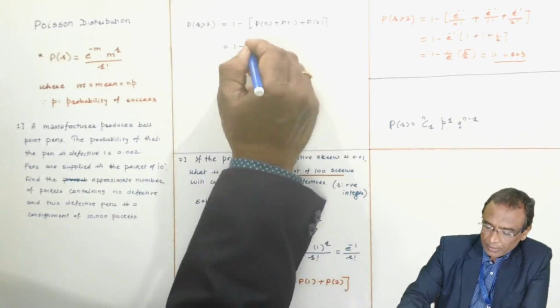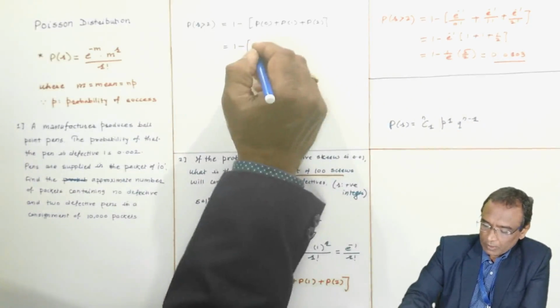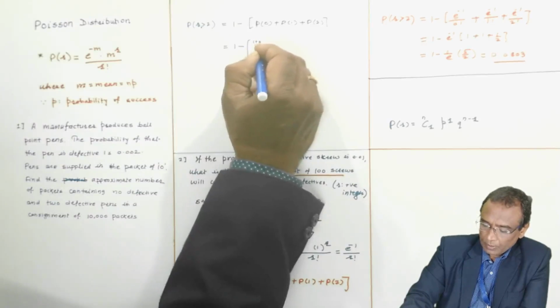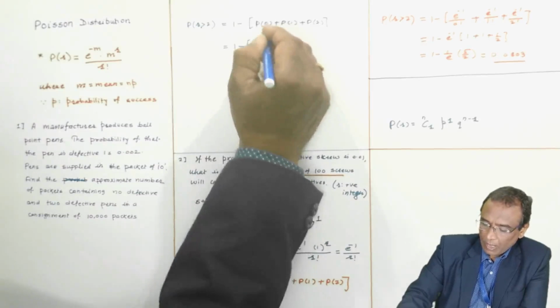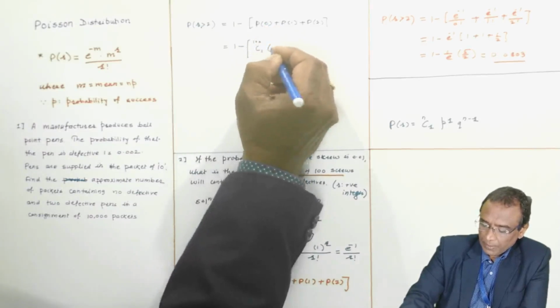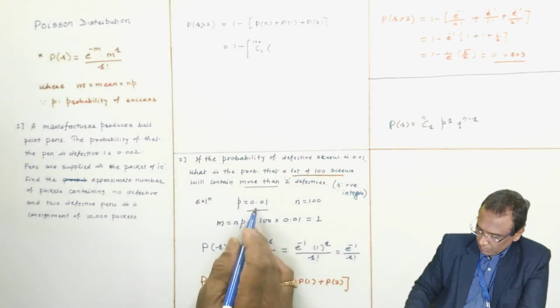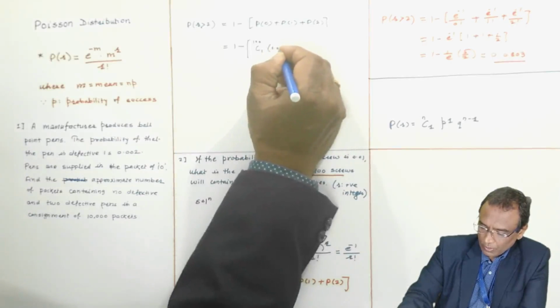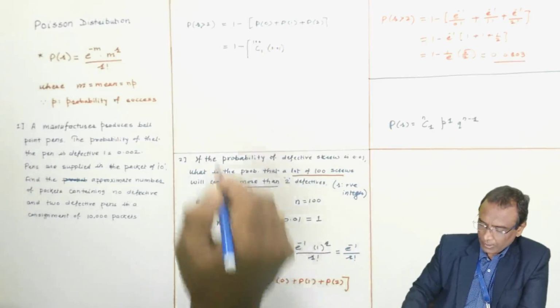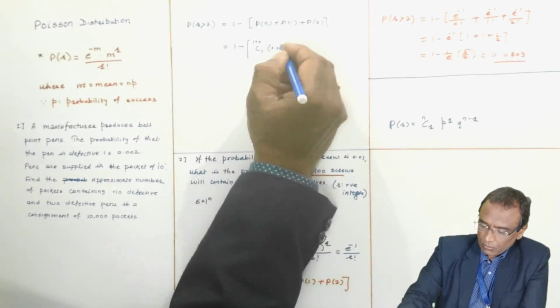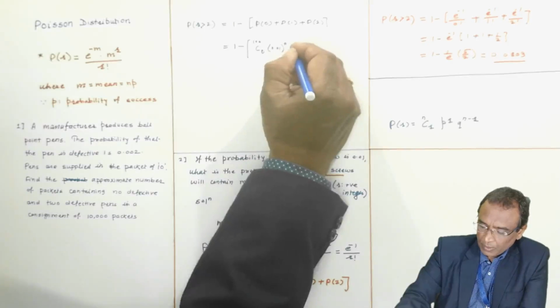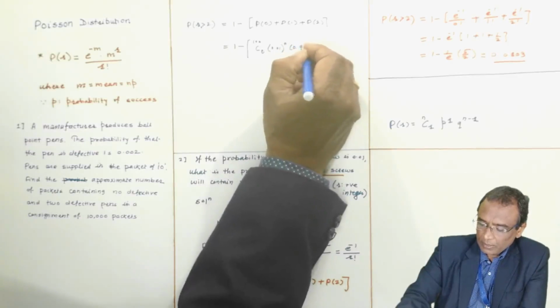If you use this, then here n is 100, C r, and P is 0.01, to the power 0, you know. P of 0 I am finding, and 0.99.